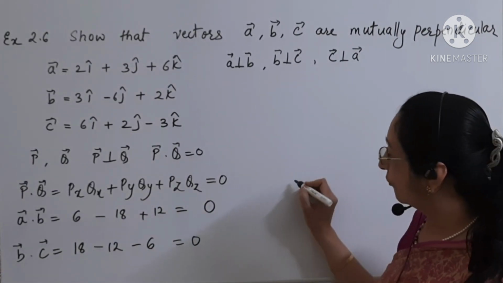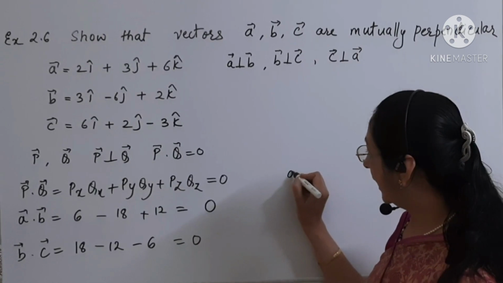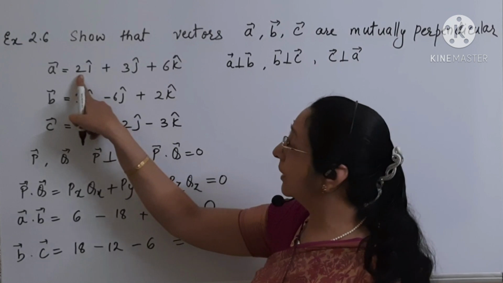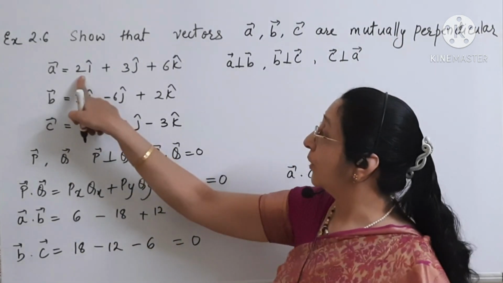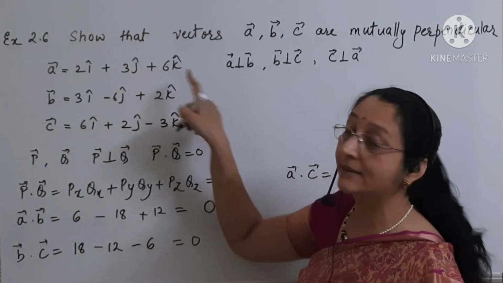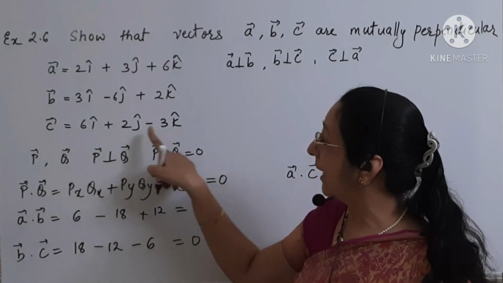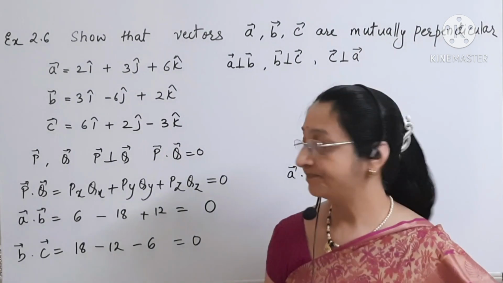Now we go for A dot C. So Ax is 2, Ay is 3, Az is 6 and Cx is 6, Cy is 2 and Cz is minus 3.